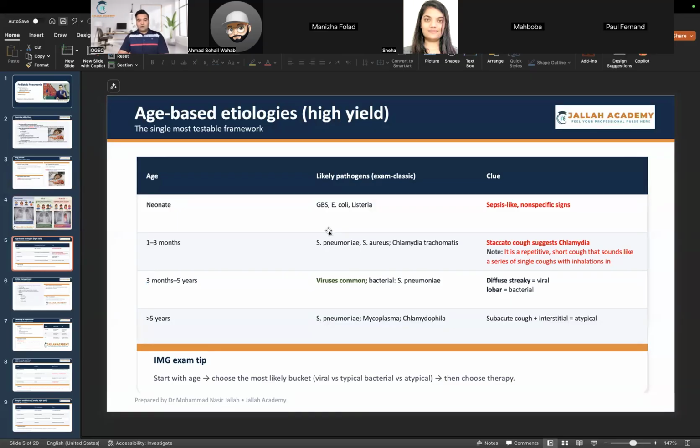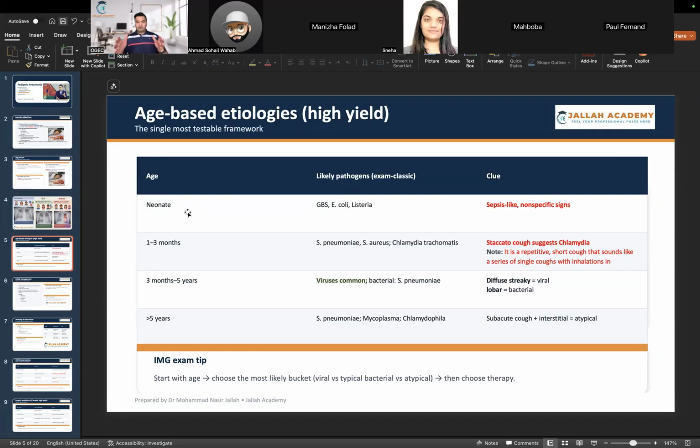Now let's talk about age-based etiology, very high yield: neonate. When we say neonate, anyone less than 28 days is considered a neonate. That is the time you need to be very, very cautious about your treatment.